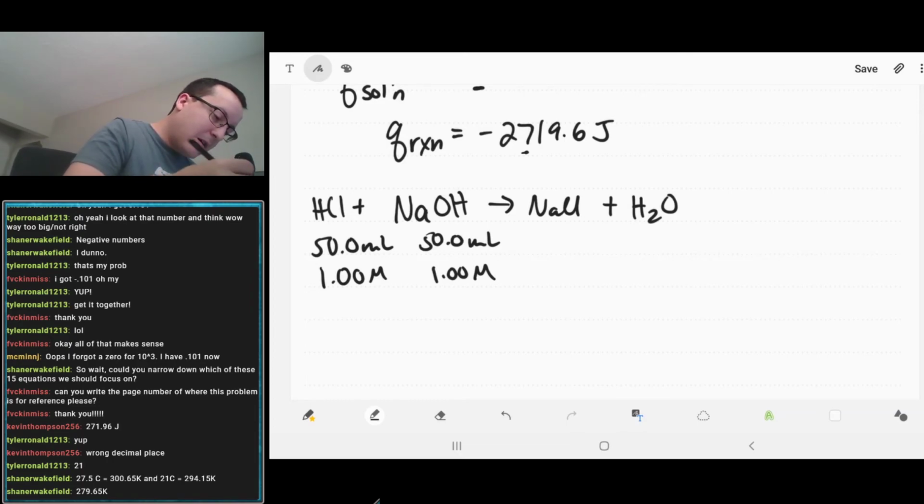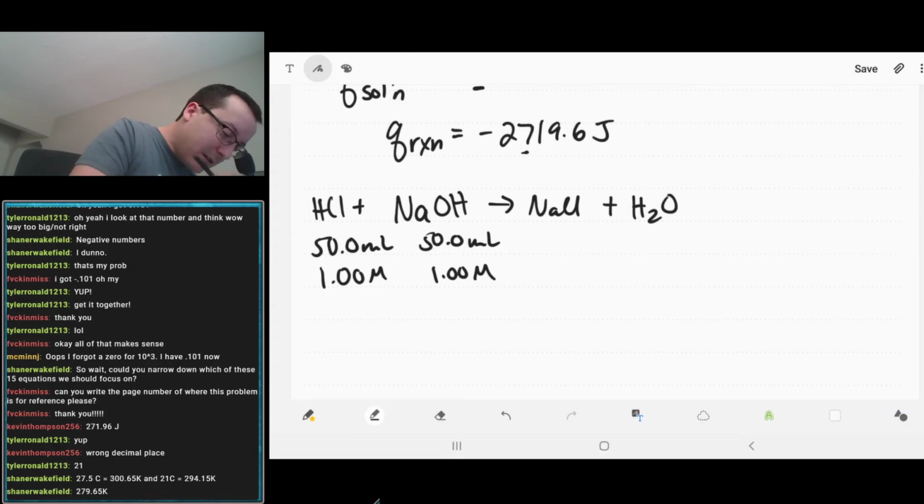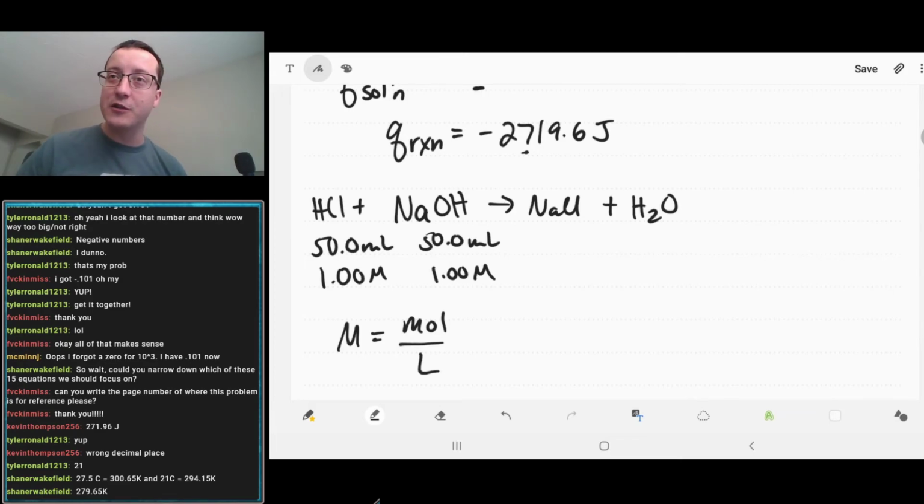So we can figure out how many moles are participating in this reaction. So remembering molarity is our conversion from moles to liters.